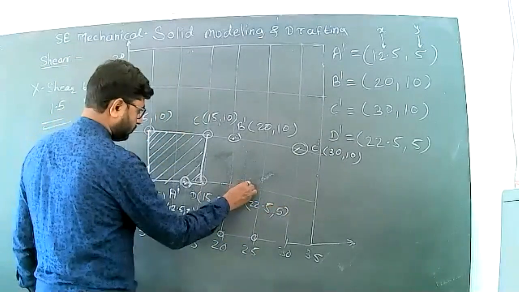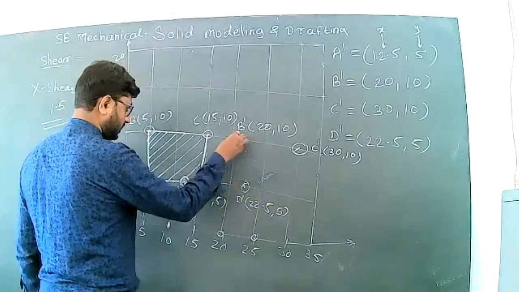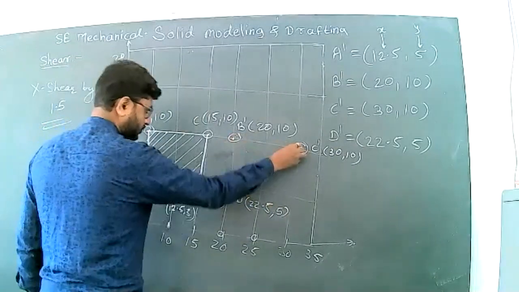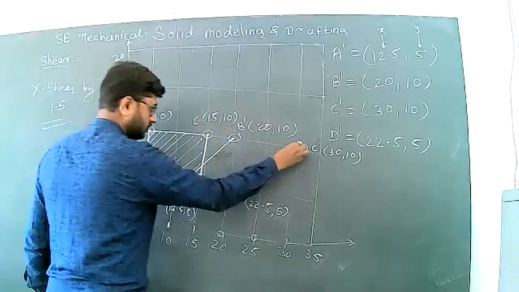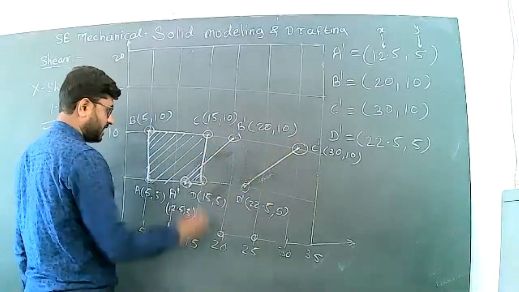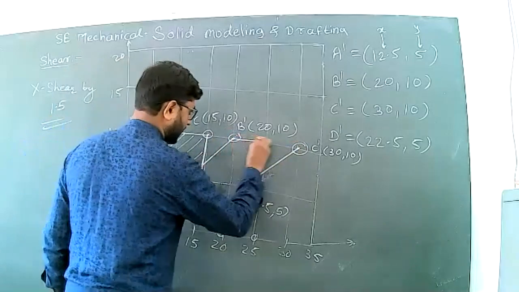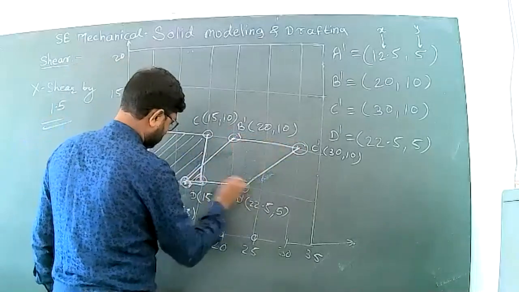Now how to join all 4 points, A dash, B dash, C dash, and D dash.